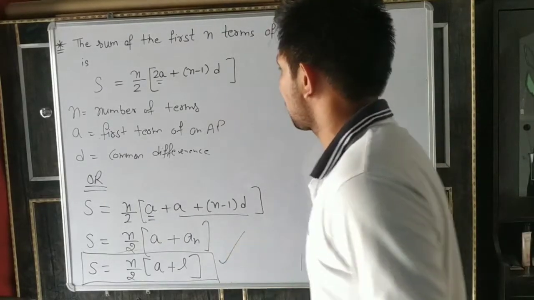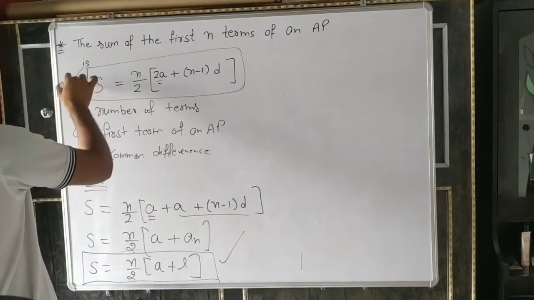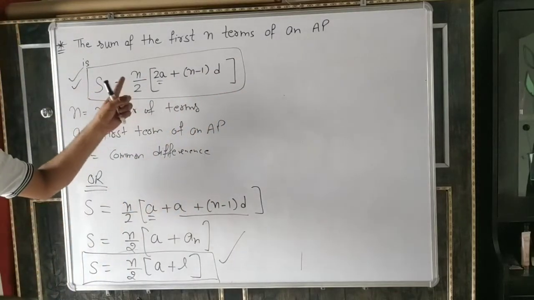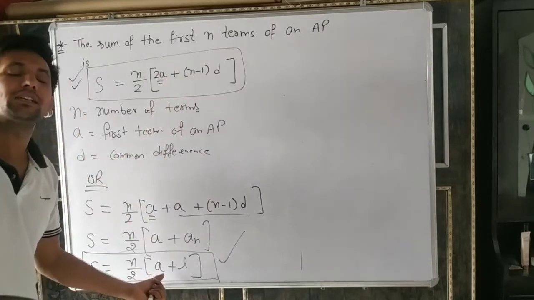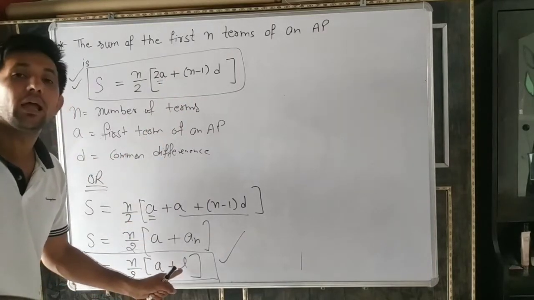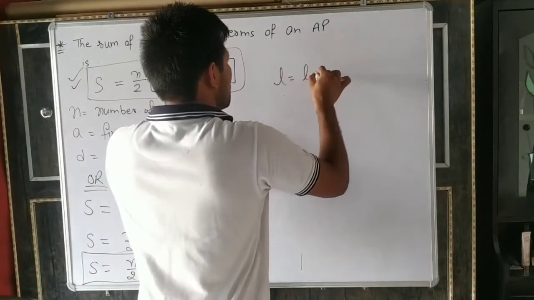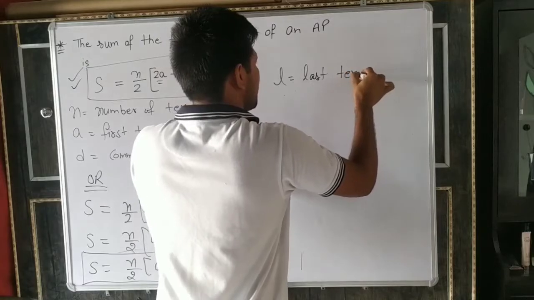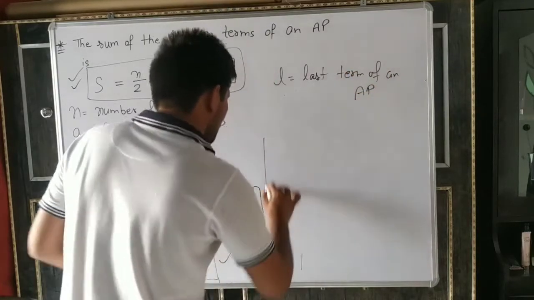Either you can use this formula or you can use this formula. But it is very important. By this formula we can solve all the questions, but this formula we sometimes use whenever L is given. L means the last term of an AP.